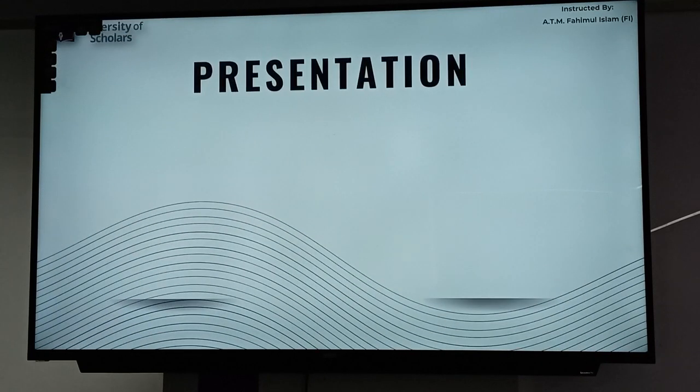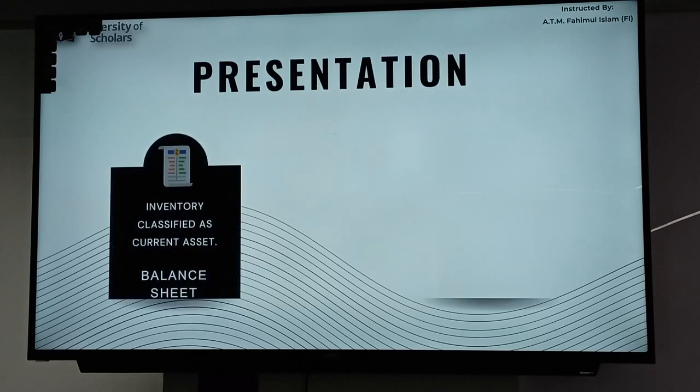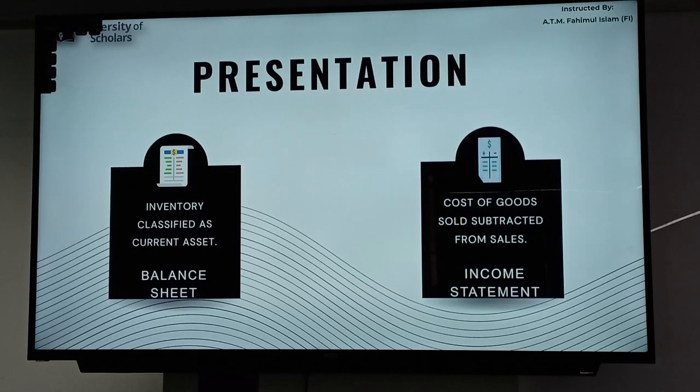Then how should we present the inventory in our financial statements? Inventory must be classified under current asset in the balance sheet, or the statement of financial position. I repeat, inventories must be classified as current asset when we prepare the statement of financial position, which will add up to total asset.